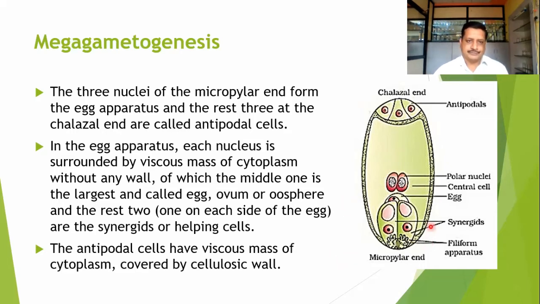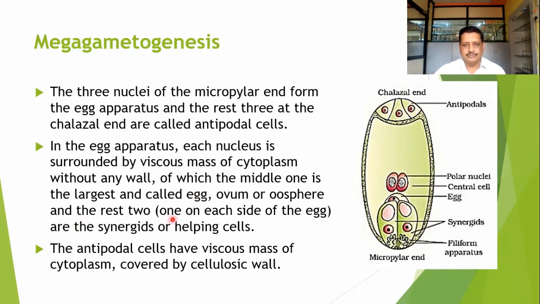The egg apparatus, each nucleus is surrounded by a viscous mass of the cytoplasm. It is normally without wall, and thus the middle one is the largest, and this cell is called the egg cell. Here you can find these 2 synergids and the third one is the egg cell. We also call it the ovum, oospore or egg.